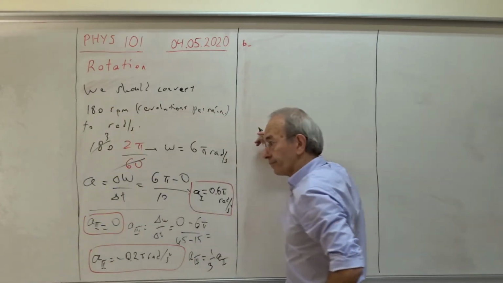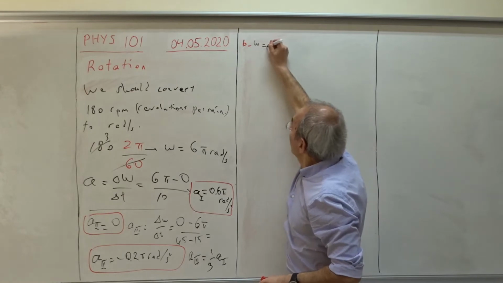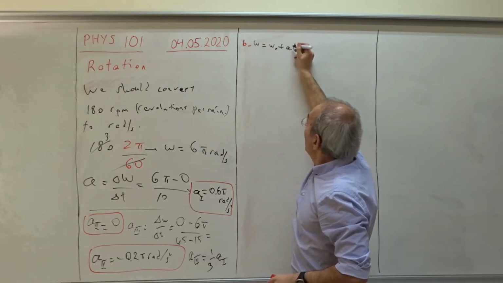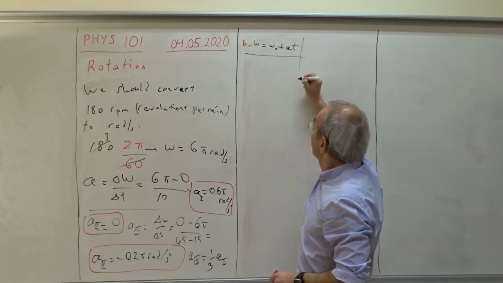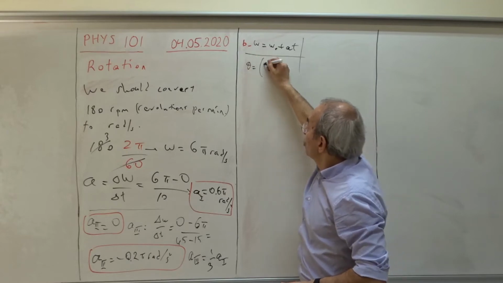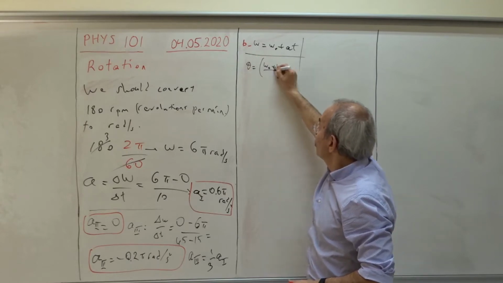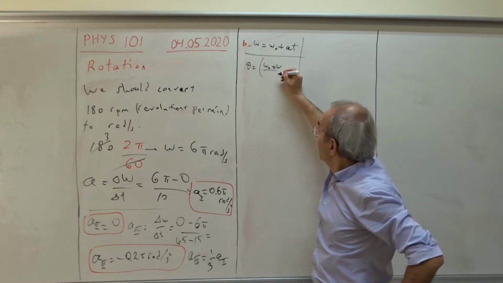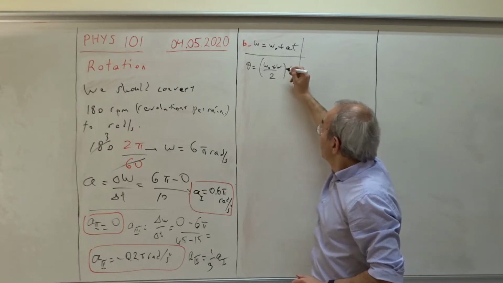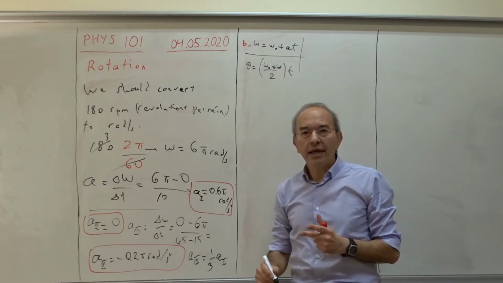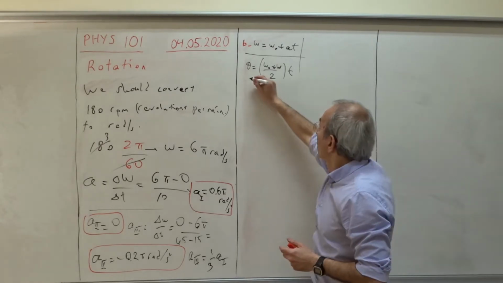For instance, omega is equal to omega 0 plus alpha t. Theta is equal to initial velocity plus final velocity, the angular velocity of course, divided by 2, times the time it takes.